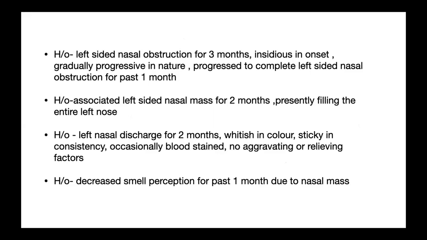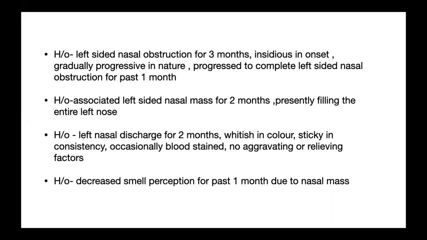History of left-sided nasal obstruction is there, which is also insidious in onset, progressive in nature, and has now progressed to completely obstruct the left side of the nasal cavity for the past 1 month. Also, there is a history of an associated left nasal mass for 2 months, presently filling the entire left nose. History of left nasal discharge for 2 months, which is whitish in color, sticky in consistency, occasionally bloodstained, with no aggravating or relieving factors.